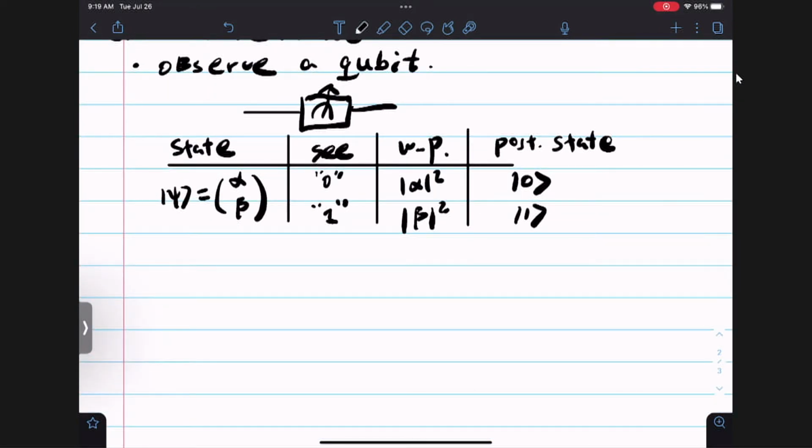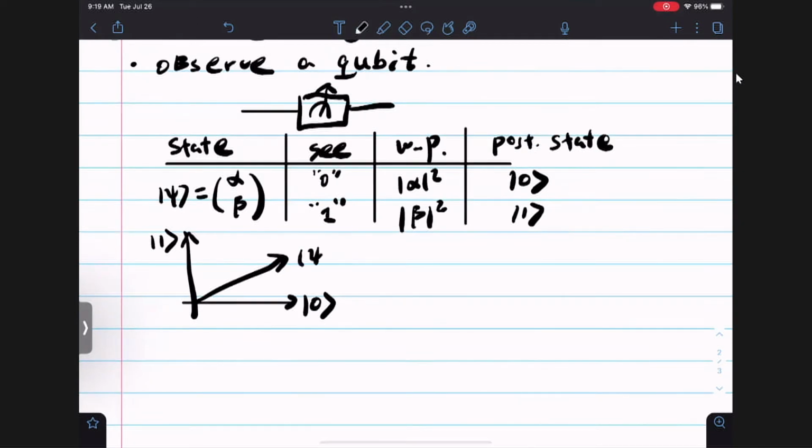Let me show you a visual picture. So this is |0>, this is |1>, and then this is the state psi. As you can see, this is basically just projecting this vector psi under this basis, |0> and |1>, and you see each one with probability proportional to the magnitude squared, and importantly, afterwards, it will collapse to either |0> or |1>.